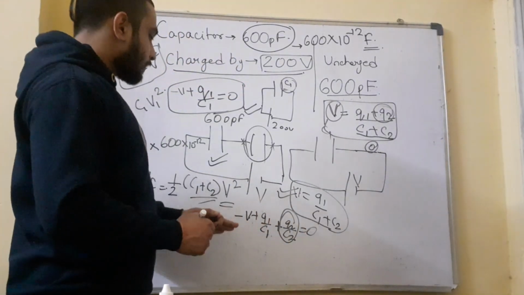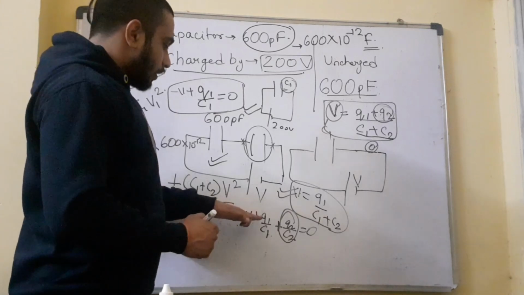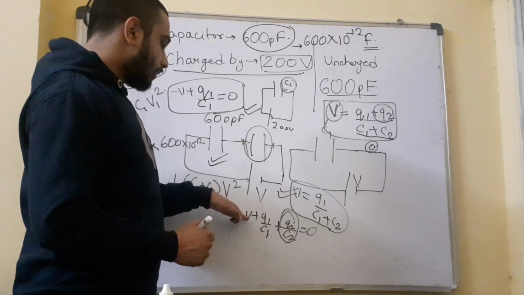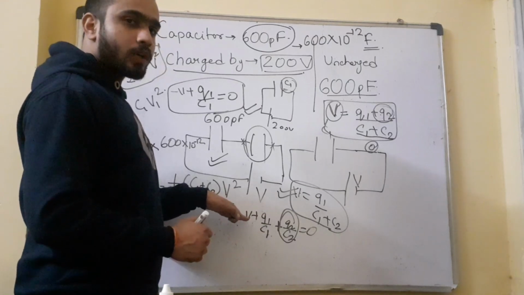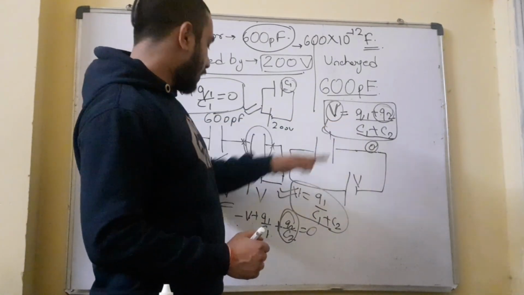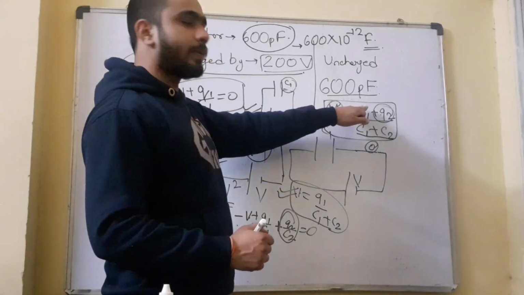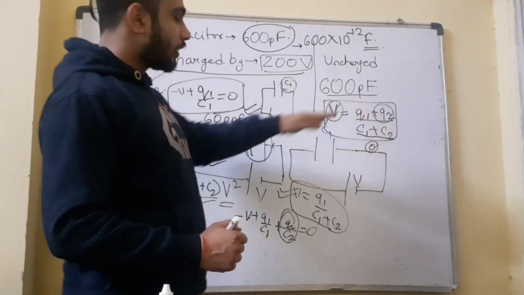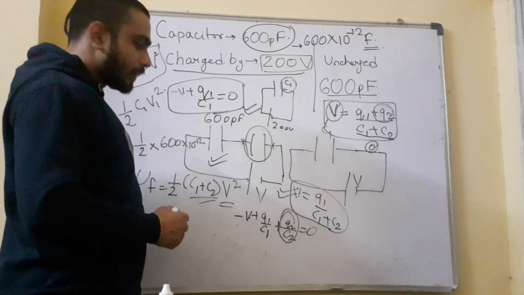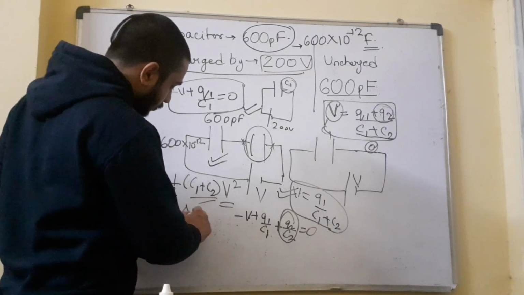So like this we can also find the value of V, but this Q1 and this Q1 will be different. Okay, so this is the concept by which we can find the delta U.